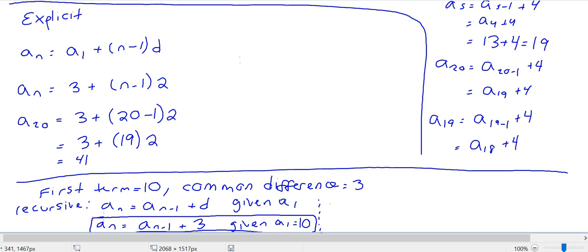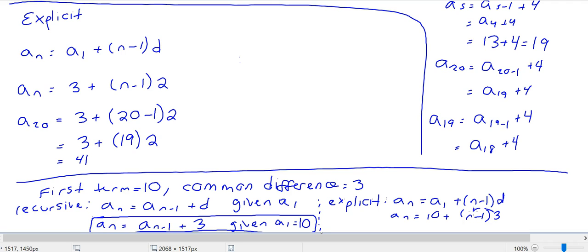Let's say you wanted to write an explicit sequence. All arithmetic explicit sequences look like a sub n is equal to a sub 1 plus n minus 1 times d, and you don't need to memorize that formula, it'll be given to you on the Regents. A sub n is equal to, let's fill in what we know, a sub 1 is the first term, which is 10, plus n minus 1 times d, the common difference, which is 3. Now we want to simplify this to make it look nicer, to make it look more like a regular equation.